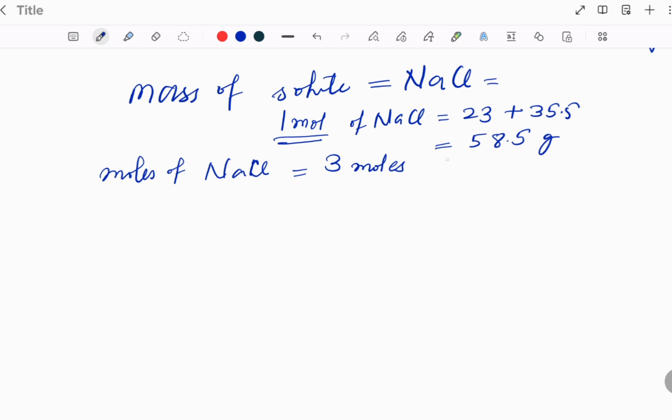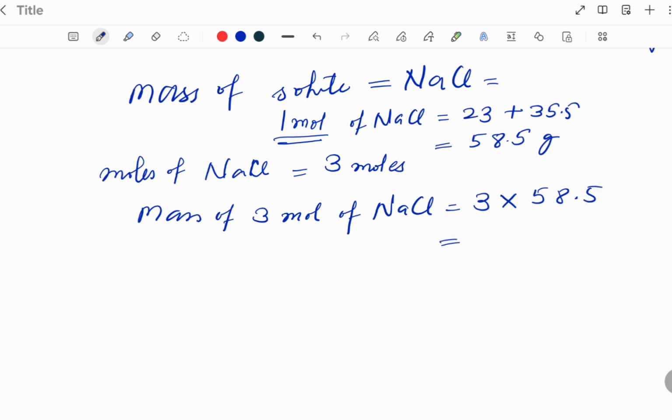Now we can calculate the mass of 3 moles of sodium chloride, that is 3 multiplied by its molar mass, which is 58.5. That comes out to be 175.5 grams. Okay. Now this is the mass of solute.